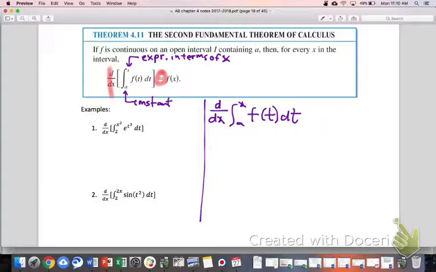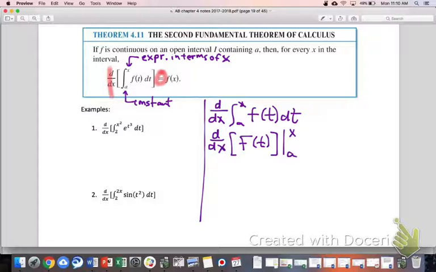Do you guys remember the convention that the antiderivative of lowercase f could be represented by capital F? Yes. So that's the convention we'll use here. So my next step would be d/dx of capital F of t evaluated from some constant a to x. Remember that a represents a constant, and x represents some variable.